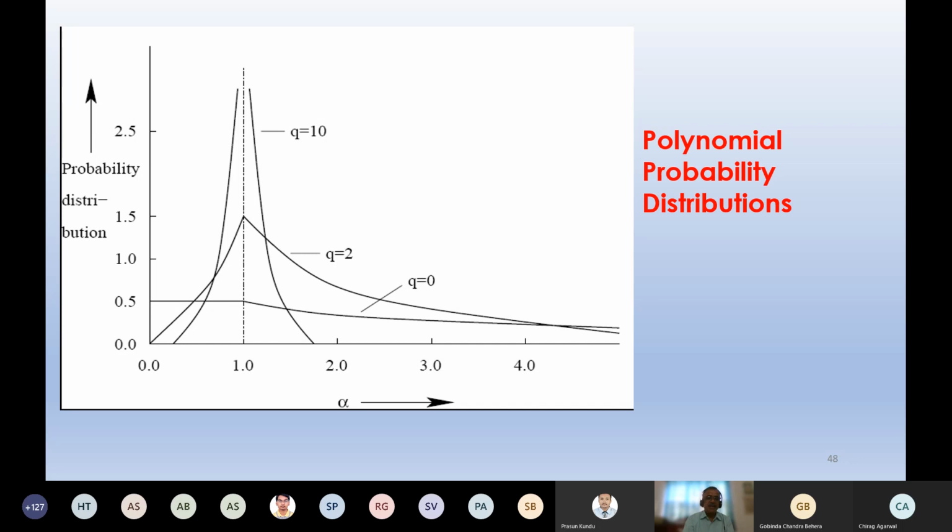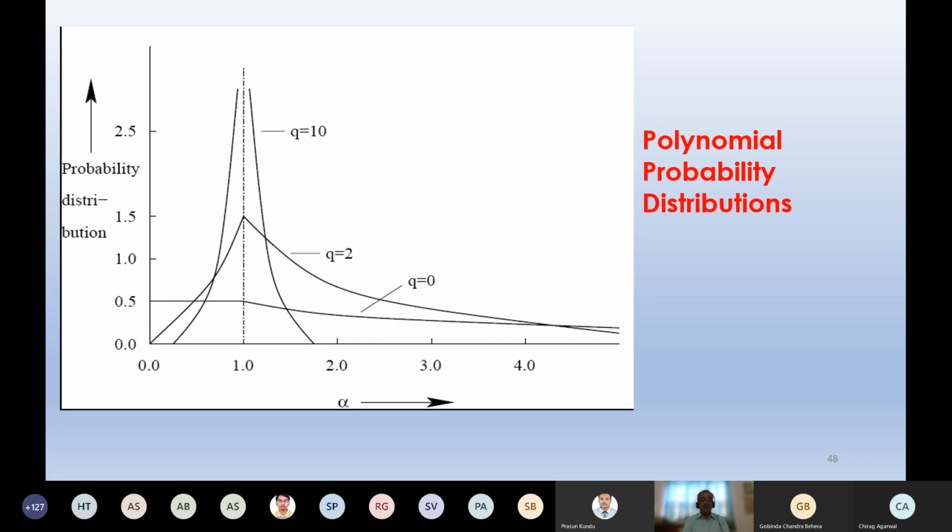Then if I take an even higher value of Q, so Q equals to 10, I'll be getting a very steeper distribution like this. So this could be the distribution in the contracting zone, and this will be the distribution in the expanding zone. Now, what is the observation?